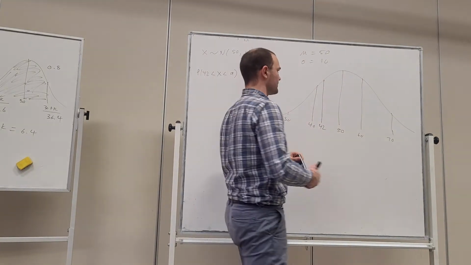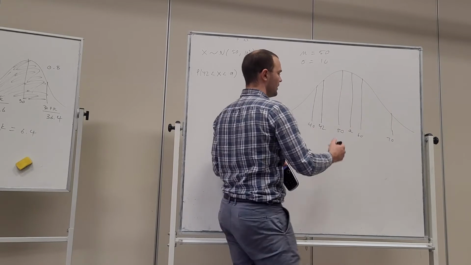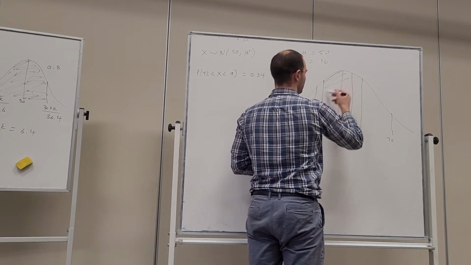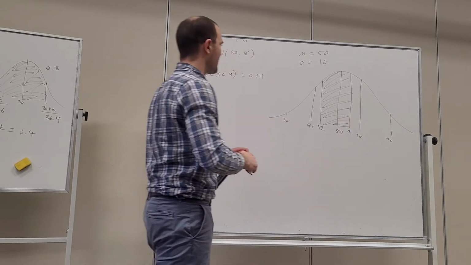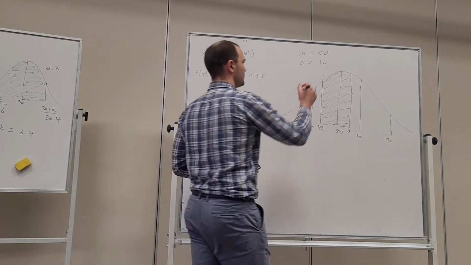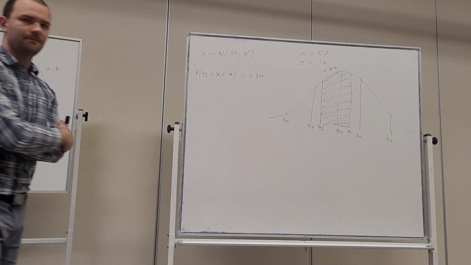We're not sure where it is, so it doesn't matter for the illustration, but I'm going to put it in there somewhere. Between 42 and A, this event has a probability of 0.34. Find the value of A.